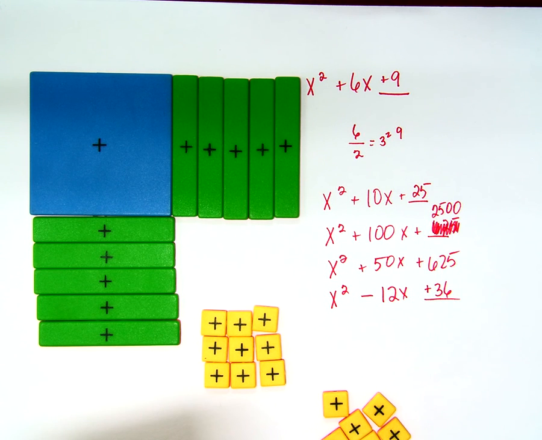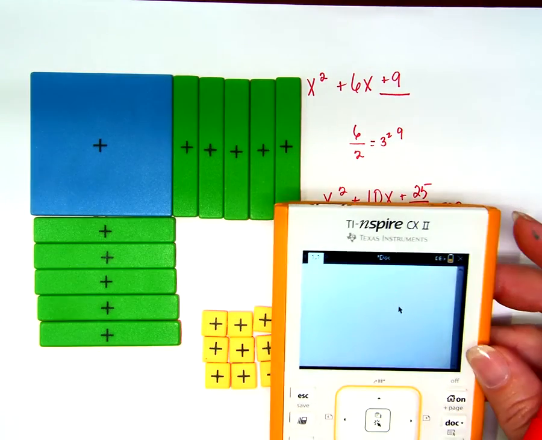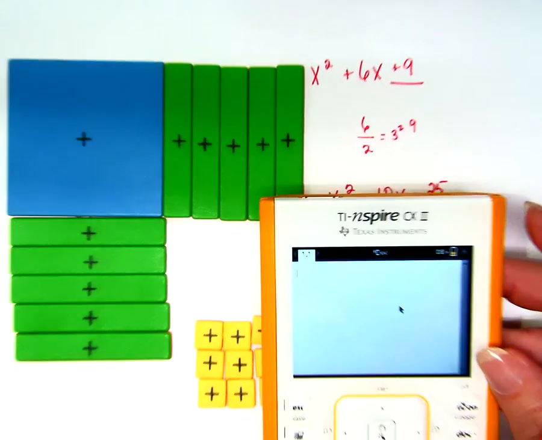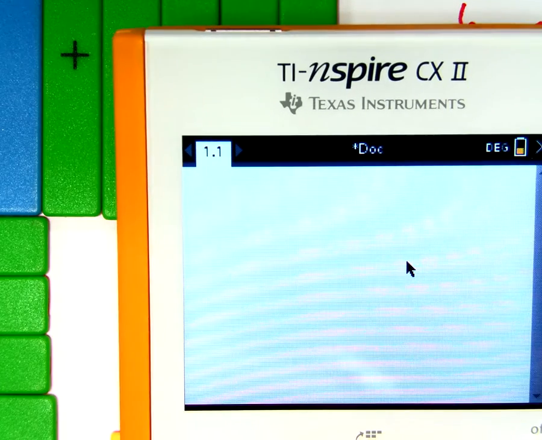Here's what I need you to be aware of. Okay? Oh, this is different. I want you to be aware that the calculator is going to do exactly what you tell it to. And if you choose not to use your brain, you're going to get the answer wrong.